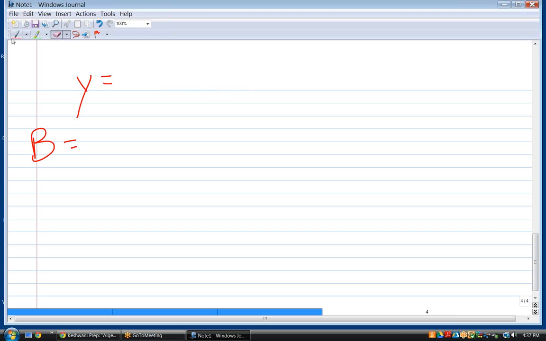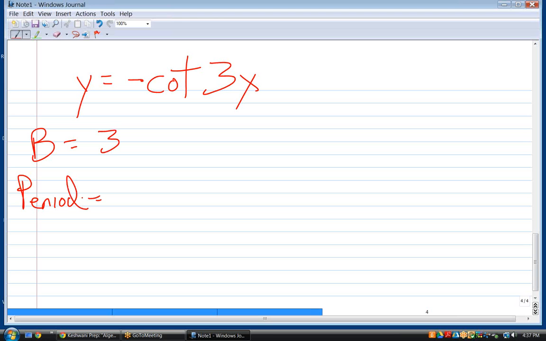All right. What's B? 3. What's the period based on that? Would it still be 2 pi over b? No. With tangent and cotangent, their periods are pi. They're not 2 pi. Oh, so it's just pi over 3 then? Uh-huh.